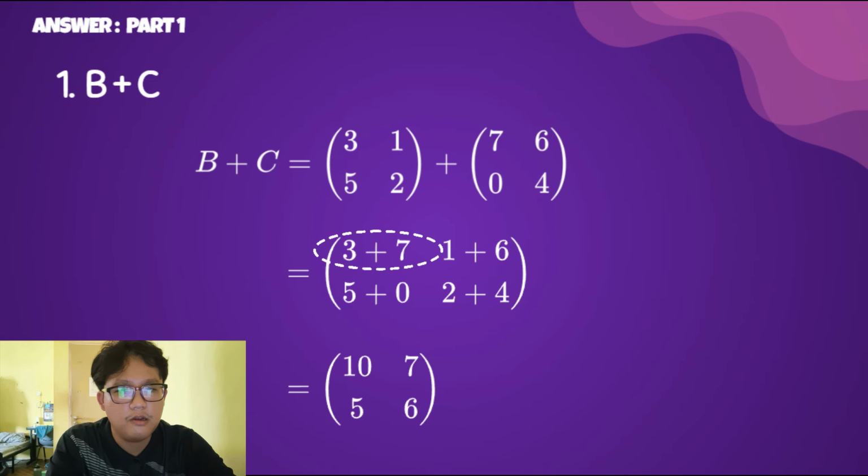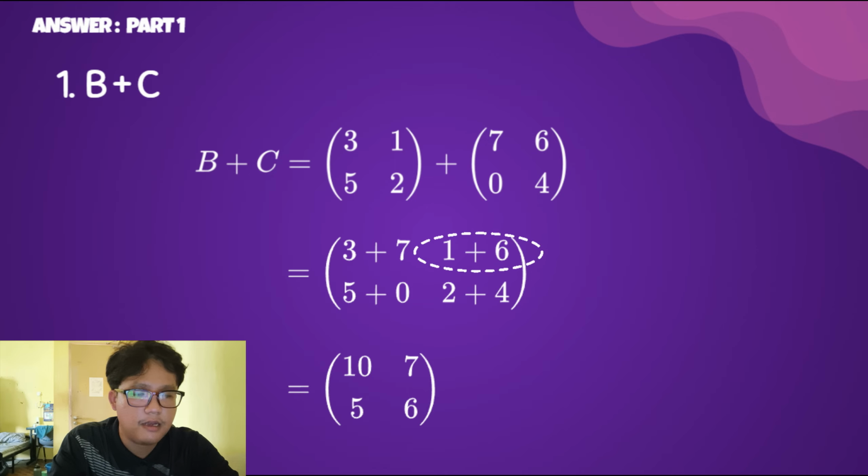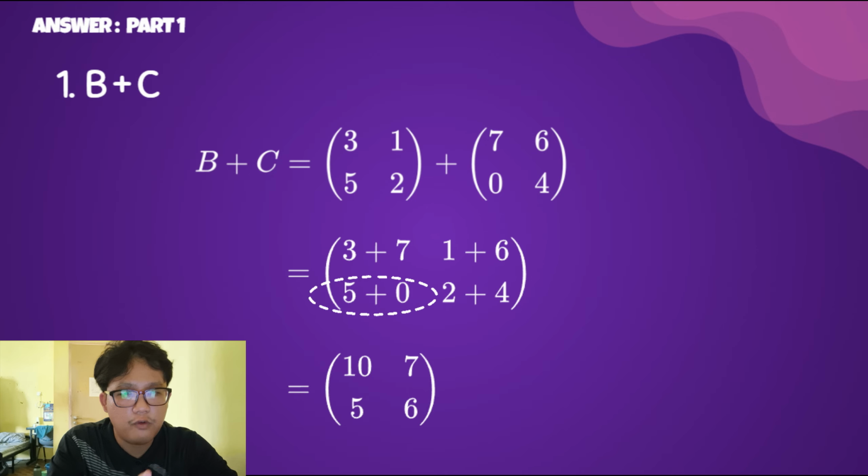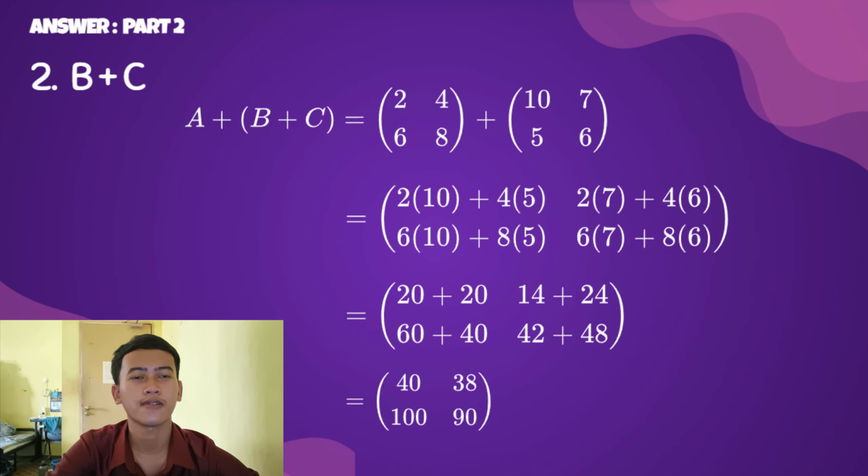For example, 3 will be plus with 7, and 1 will plus with 6. After that 5 plus 0, and then 2 plus 4. After we answer this, we get the answer in bracket: in column 1 we get 10 following with 5, and then column 2, 7 following with 6.